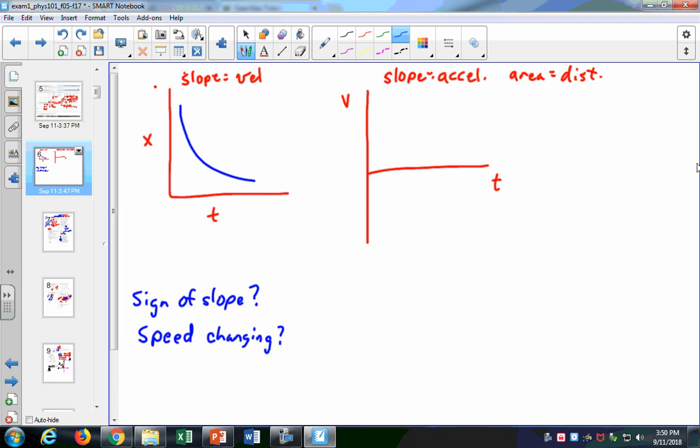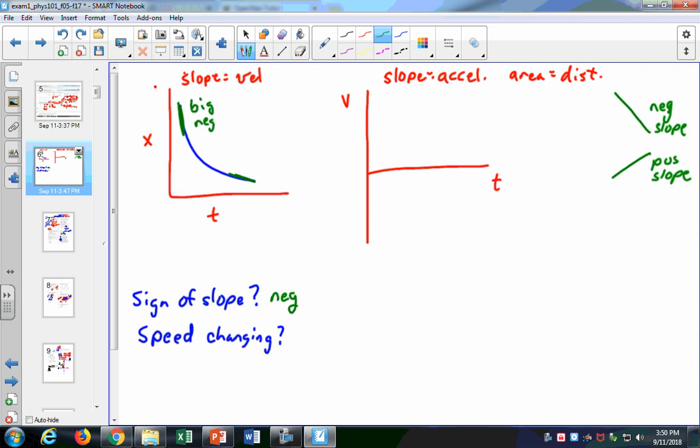And the sign of the slope in this case, positive slope. This is actually a negative slope. This is a positive slope. So over here, my slope is negative. All right, so in this first one, I have a negative slope. And at first, I have a big negative slope.